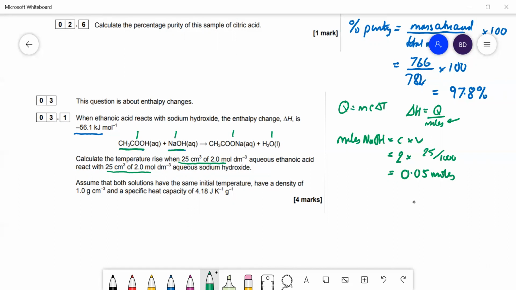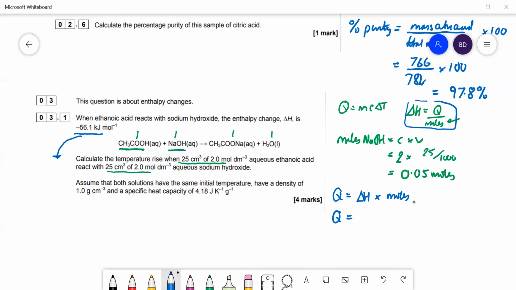Right, now we can put that into our expression for Q here. Let's work out what Q is from this one. So we're going to say that Q is equal to the delta H, which they give us, multiplied by the moles. I've just rearranged that equation. Now we need to convert that into joules.